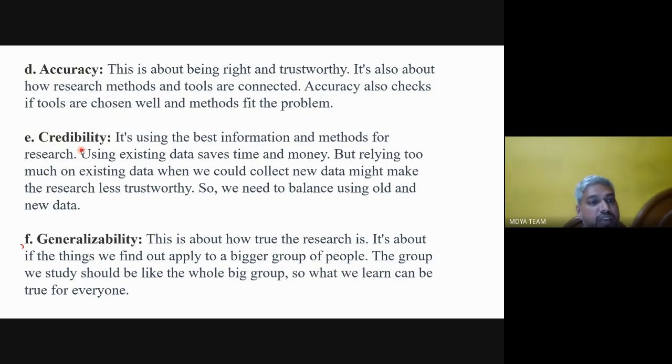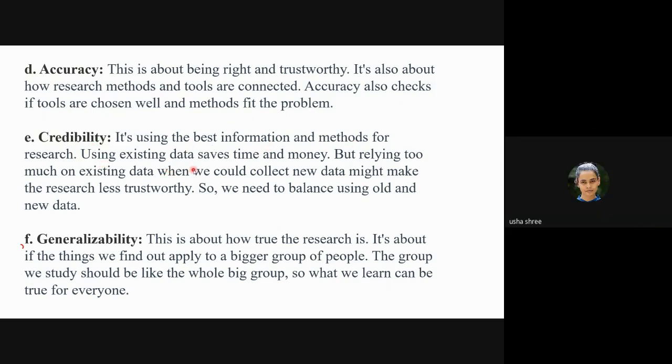In this way we understand that credibility means using the best information, right? The source person is giving the best information and methods for research. So this is credibility. When your research is using the best information and methods, it is credibility.